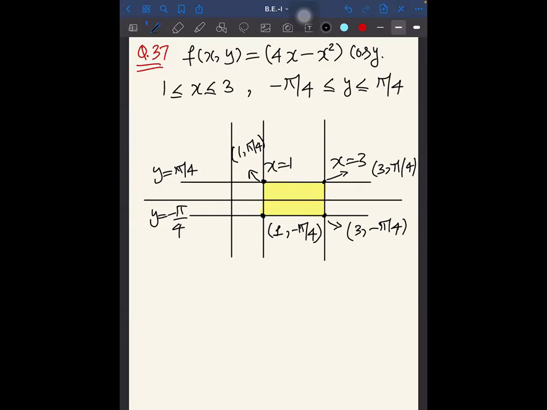So you take the partial derivative fx. This becomes your 4 minus 2x, because your cos y is constant, in this case y is constant. If you take fy, that means you have 4x minus x square as it is, and you have minus sine y.